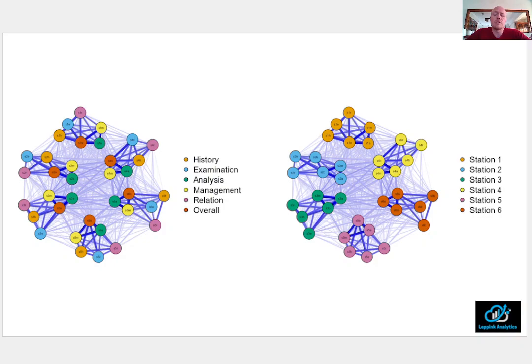Then another 15 minutes to engage in an analysis, which is also referred to as clinical reasoning, and prepare a management plan, which is then discussed with the examiner or assessor of the station during the next 15 minutes. So these in total 45 minutes result in an assessment of 5 domains: history, examination, analysis, management, and relation, as well as an overall assessment, which is the 6th aspect of performance.